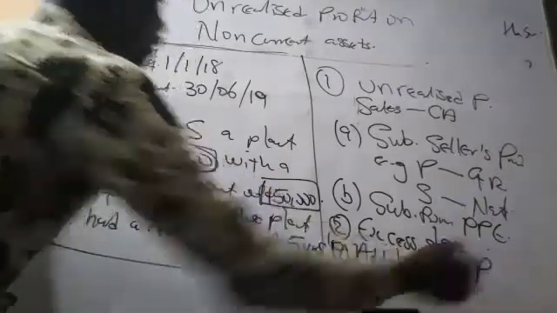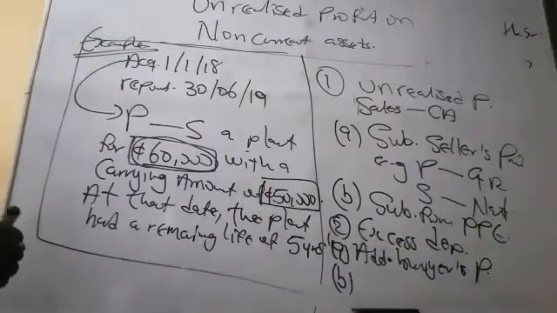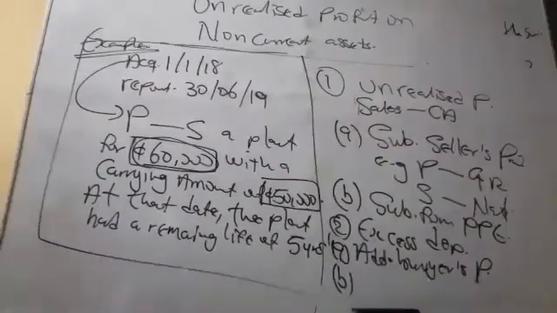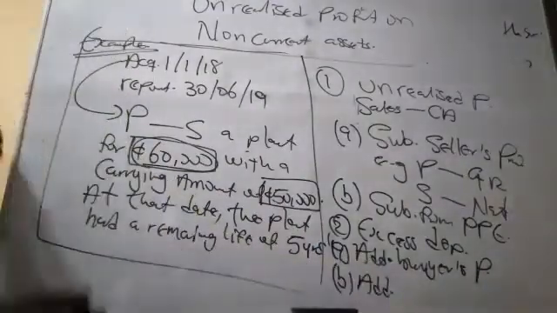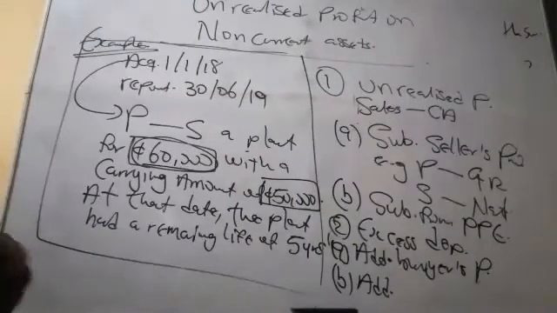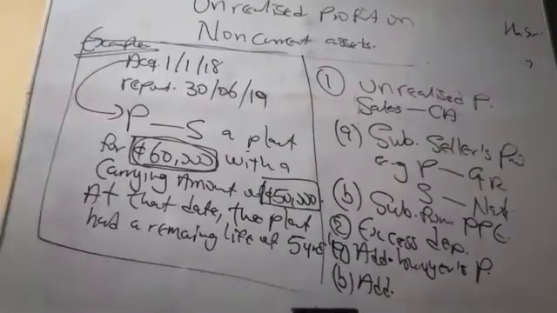So add back to the buyer's profits. You said they've charged excess. Yes, so they have subtracted more from the profit. So we are adding back. We are reversing it. It's like the cash flow. The same thing, add back to that of the non-current assets on the PPE.